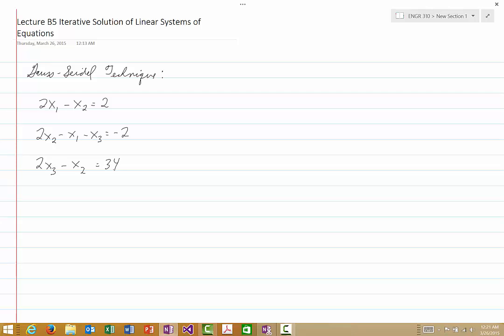Now, the first thing I want to note for you is that we can solve this system of equations directly using Gaussian elimination. Now remember, if you did use Gaussian elimination, you would want to form the augmented matrix, and it would be important for you to reorder these equations so that in each one the first variable is x1, the second one is x2, and the third one is x3.